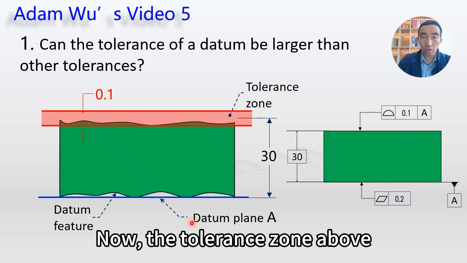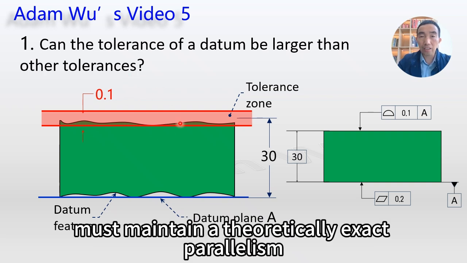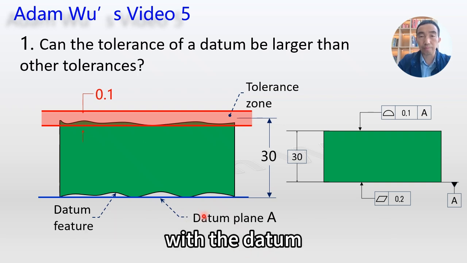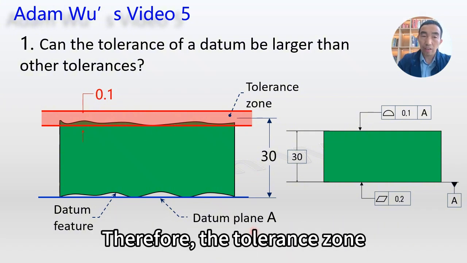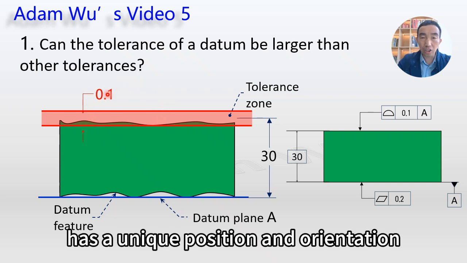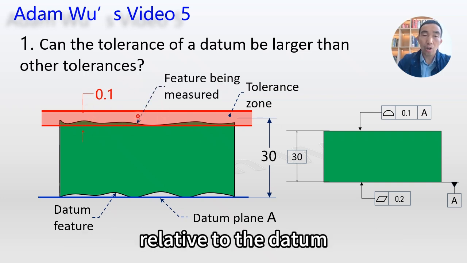Now, the tolerance zone above must maintain a theoretically exact parallelism with the datum, as well as a theoretically exact distance of 30. Therefore, the tolerance zone has a unique position and orientation relative to the datum.